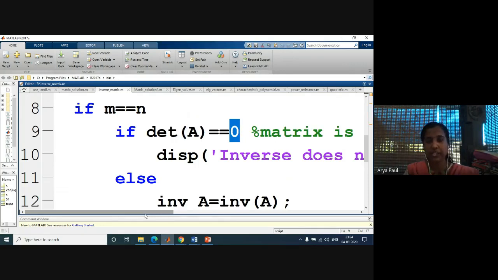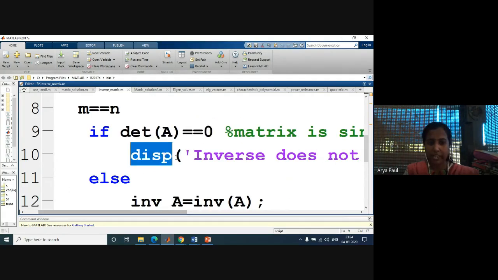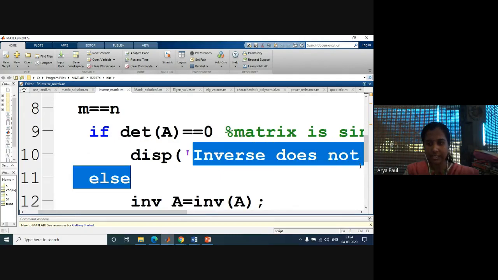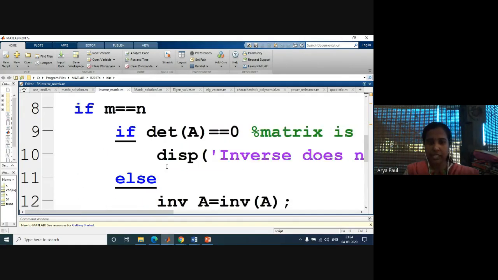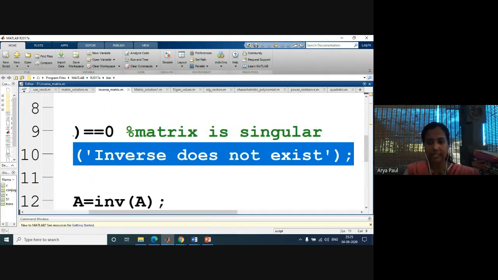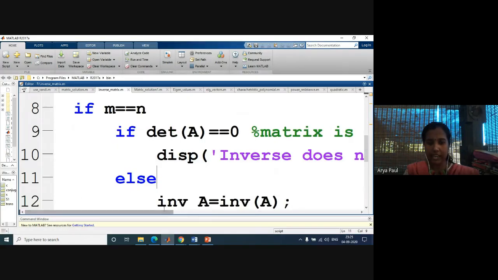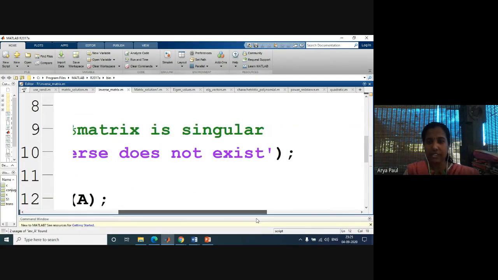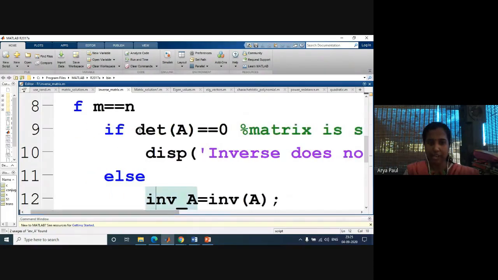For a singular matrix, the matrix inverse does not exist. So you can display that the inverse does not exist. I hope this is clear. So you can just display that the inverse does not exist if the determinant equals 0, because the matrix will be singular. Our condition is the matrix should be a non-singular matrix.